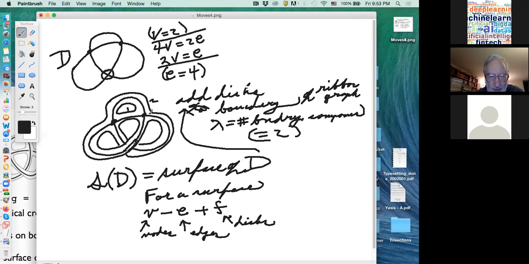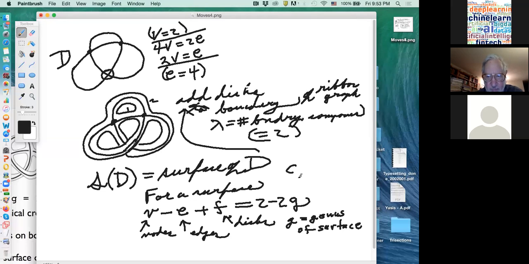The number of disks that I added in is going to be equal to 2 minus 2g, where g is equal to the genus of the surface. This is the generalized Euler formula. You may be familiar with the special case in the plane, but for a surface it is 2 minus 2g.